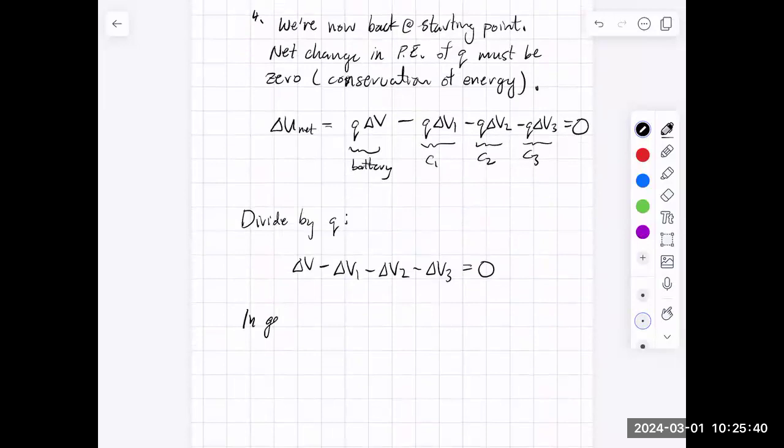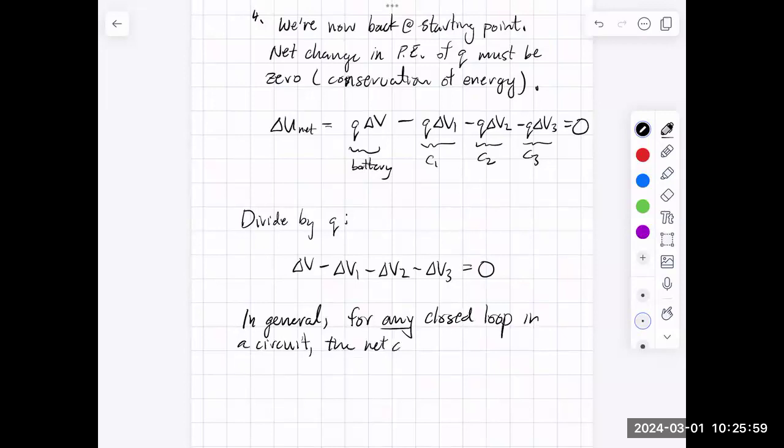So in general, for any closed loop in a circuit, the net change in voltage around the loop must be 0.